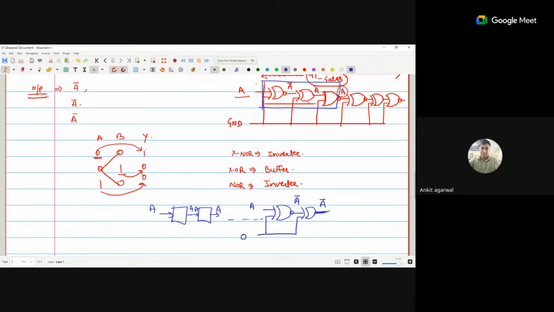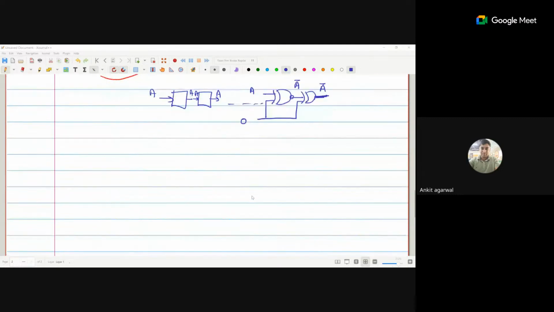This is the final output. So final output is A bar. Okay, so this type of question is generally asked several times in the GATE examination. The question is easy, but the thing is that it will be tricky.